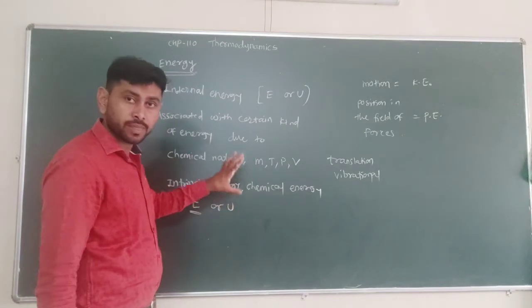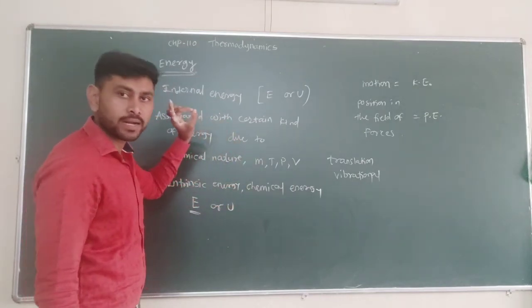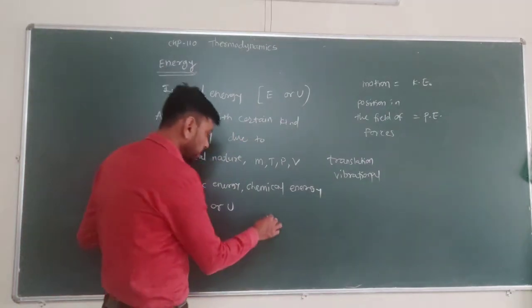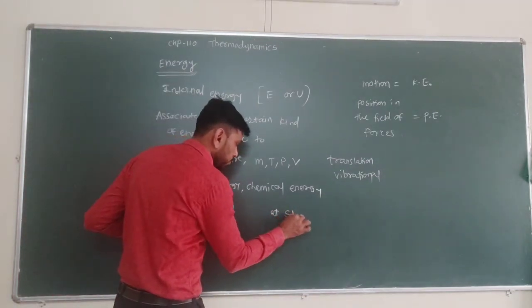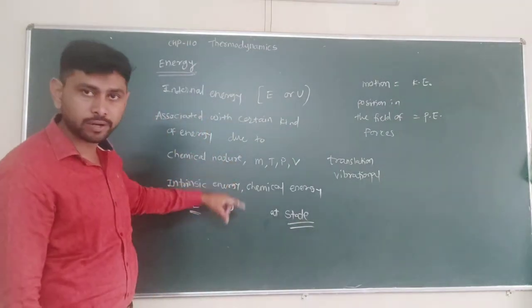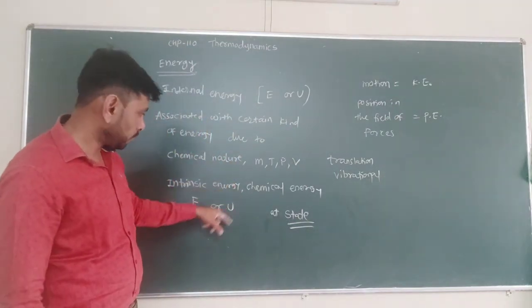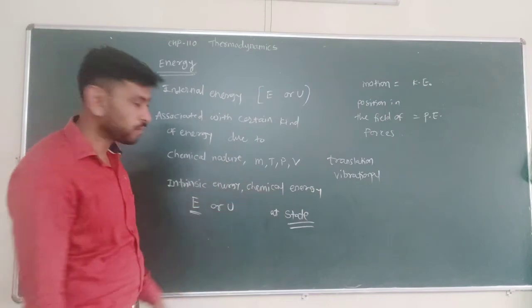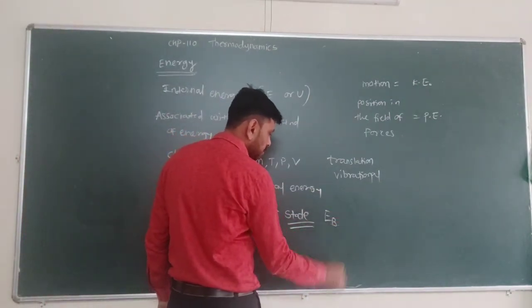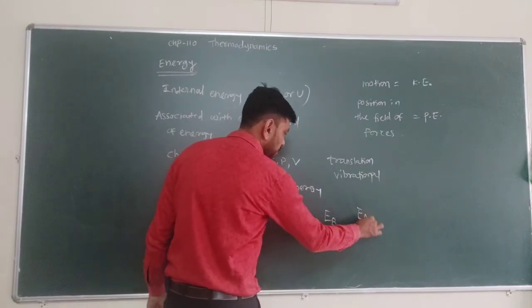But in spite of that, it has a particular value at a particular state. At a particular state we can find the value of internal energy, such as E_B at the final state and E_A at the initial state.